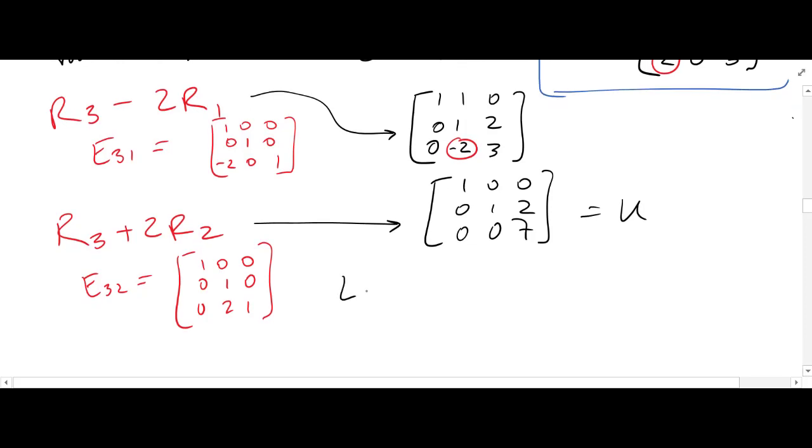So this is the U matrix. We can write L as E32 inverse times E31 inverse, which would be this product.